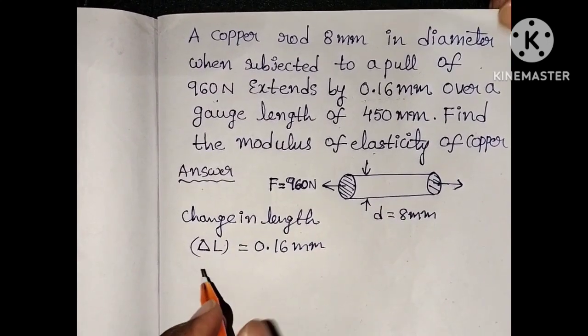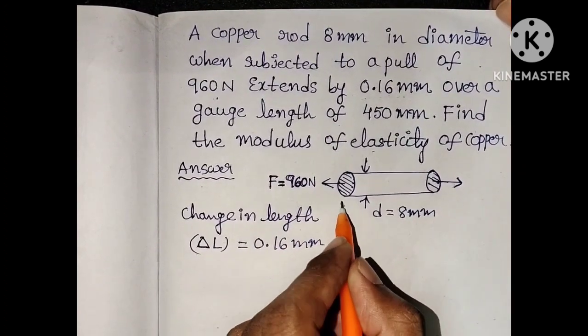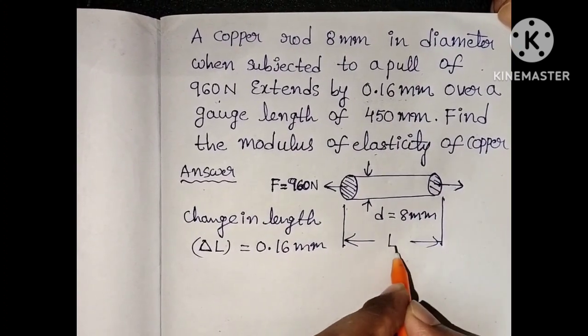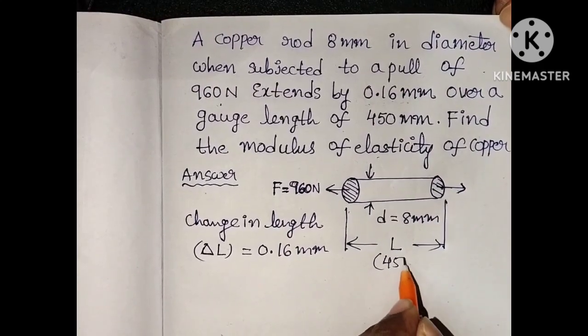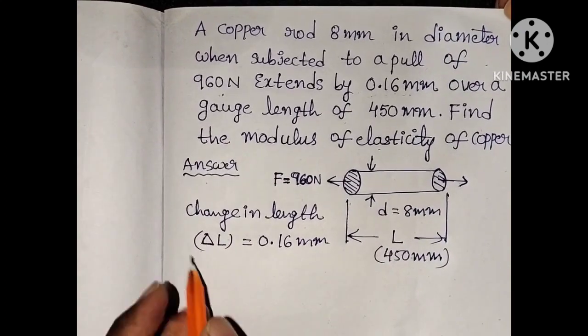And also the gauge length, which means the actual or original length of the rod, denoted by L, is given as 450 mm. So let us write all the data here.